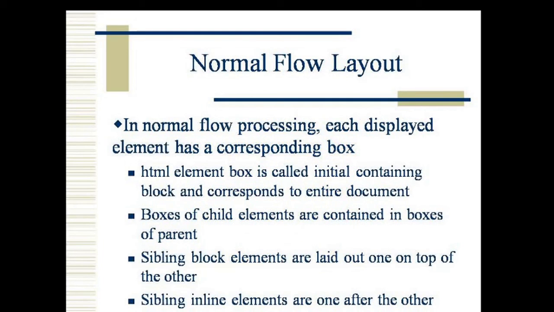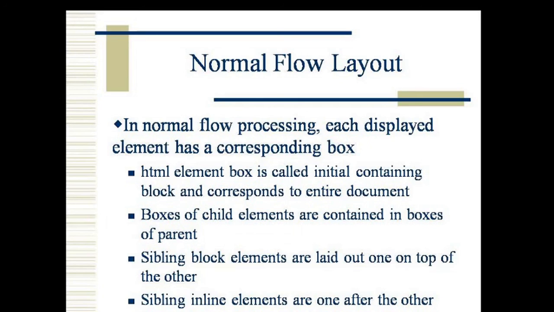Then what is the normal flow layout? In normal flow processing, each displayed element has a corresponding box. The HTML element box is called the initial containing block and corresponds to the entire document. Boxes of child elements are contained in boxes of the parent.